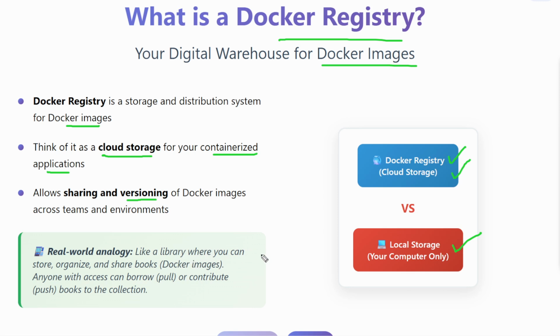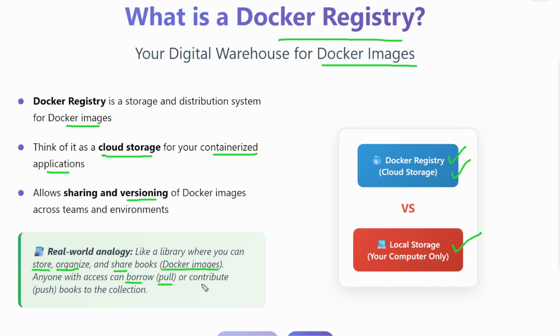Coming to a non-technical analogy, we can say it is like a library where you can store, organize and share books. Books, basically, are Docker images. If anyone with access can borrow a book, that means they can pull that particular image. Borrow in the sense of pull, remember this.